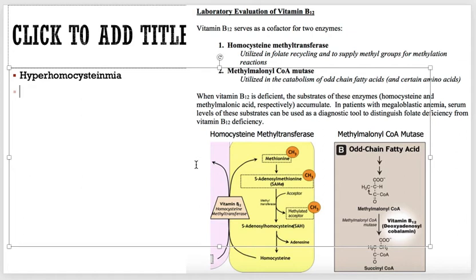Now, what happens? As we know, methionine is an amino acid, and homocysteine is an amino acid as well.